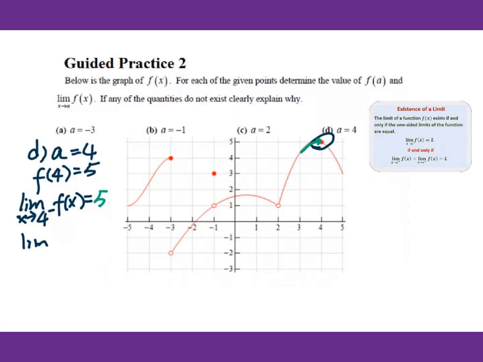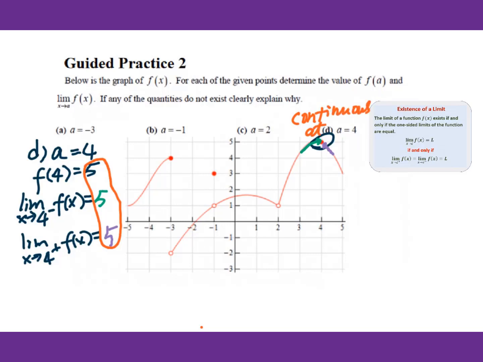Limit as x approaches 4 from the right side: from the right side of this graph approaching 4, you still get 5. When the function value and the limit's value are equal to each other, we say the function is continuous at x equals 4.